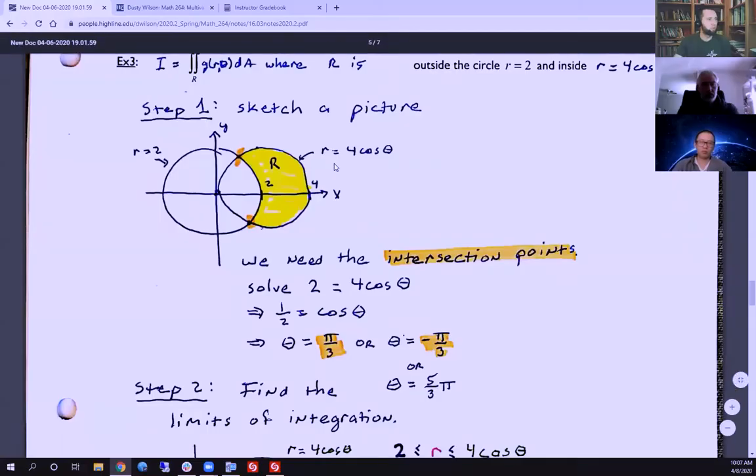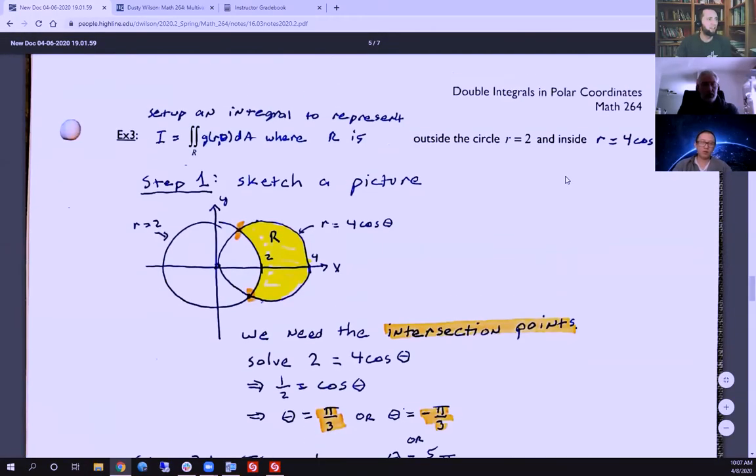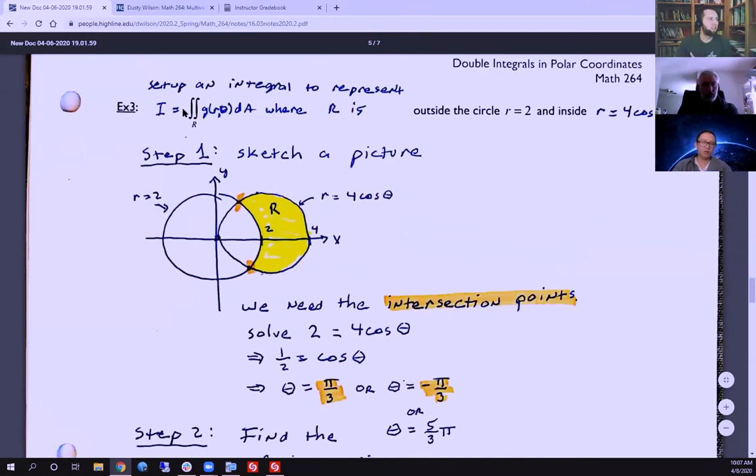So when last we saw our intrepid heroes, we were working through double integrals across polar coordinates, and I wanted to begin by working through another example. This is example 3 in the notes, and the question is to set up an integral to represent the integral across the region R of just some arbitrary function g of r theta.